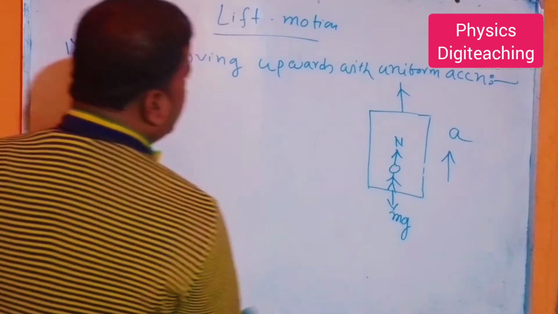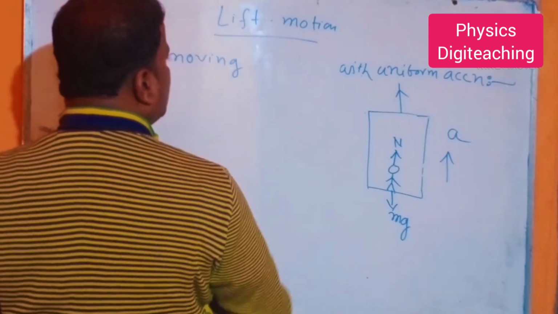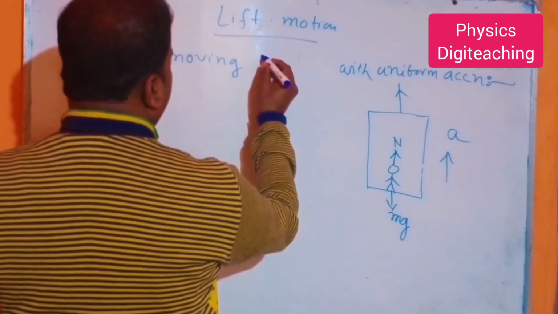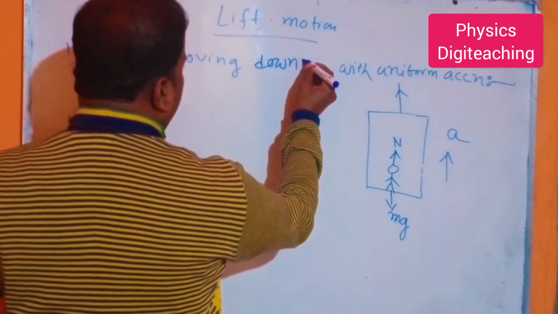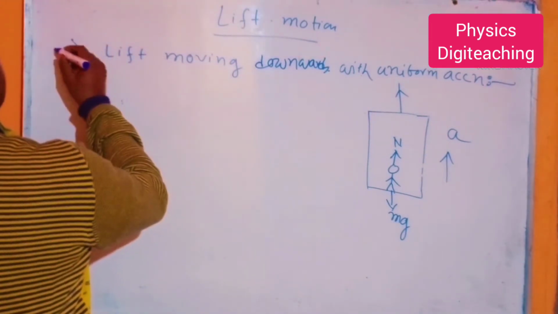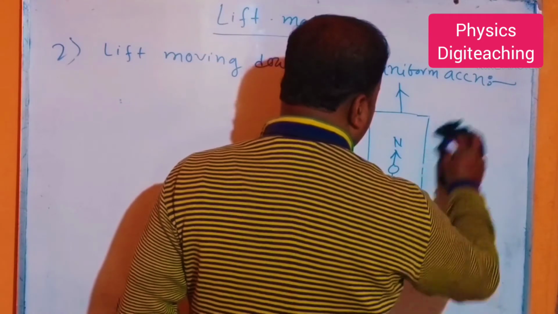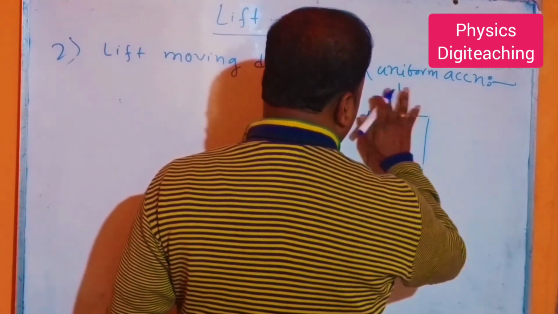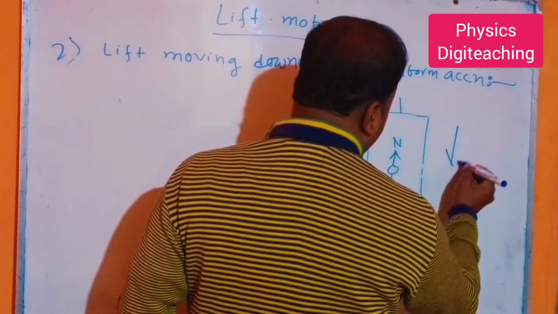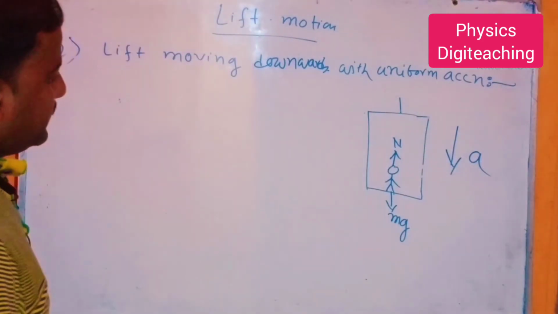Now we see what will happen when the lift is moving downwards. Our second case: the lift goes downward with acceleration a.